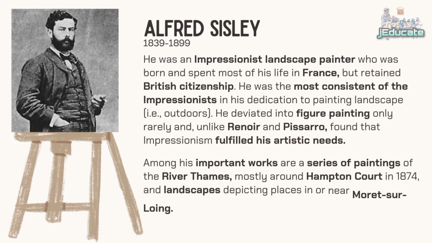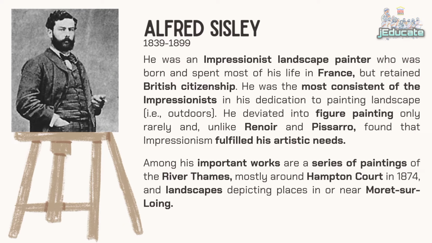Alfred Sisley, 1839 to 1899. He was an impressionist landscape painter who was born and spent most of his life in France, but retained British citizenship. He was the most consistent of the Impressionists in his dedication to painting landscape.